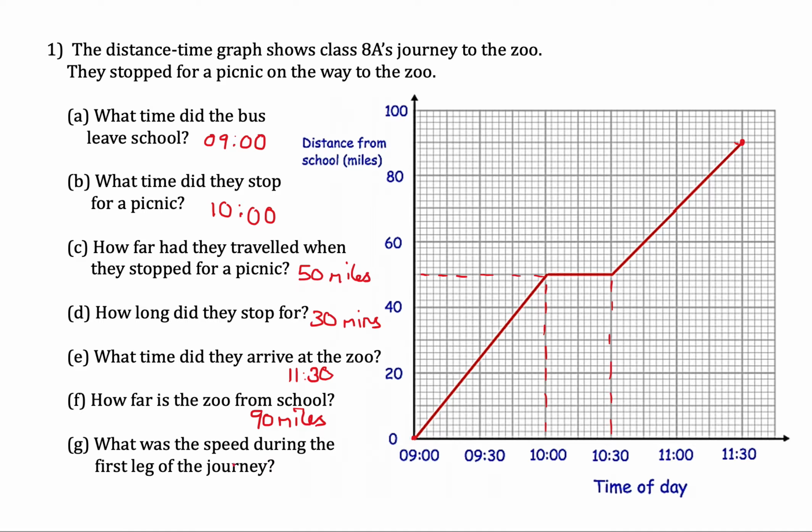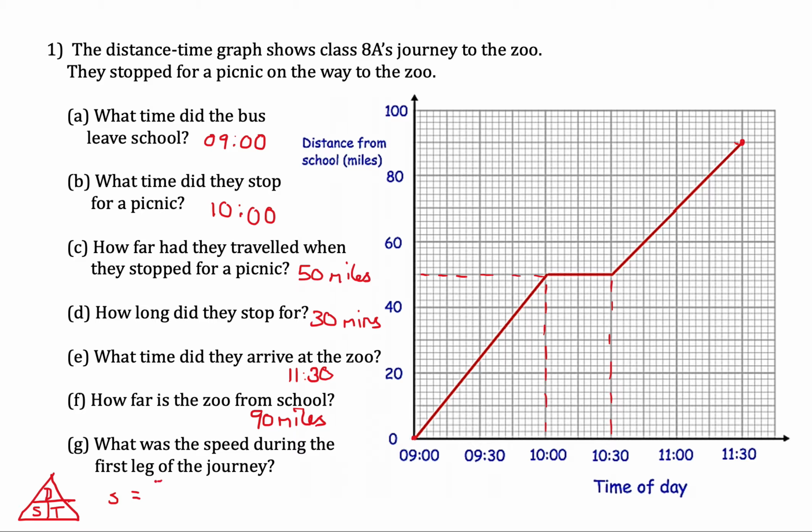What was the speed during the first leg of the journey? Now this is by far the hardest question we've got on this. Remember, you can either work out speed using what we know about speed as a compound unit. So speed is distance divided by time. And I think we'll go for that actually. The distance covered there is 50 miles.